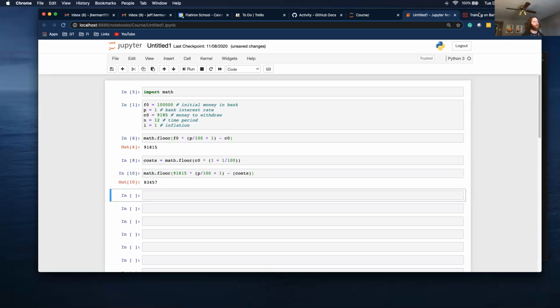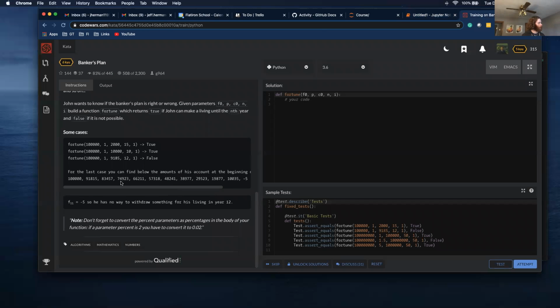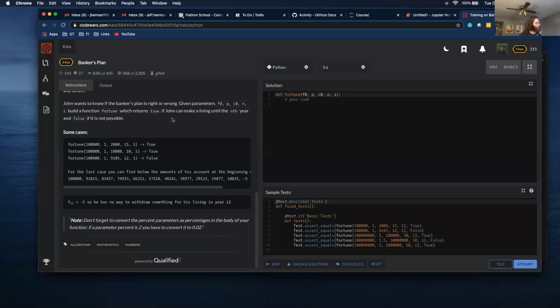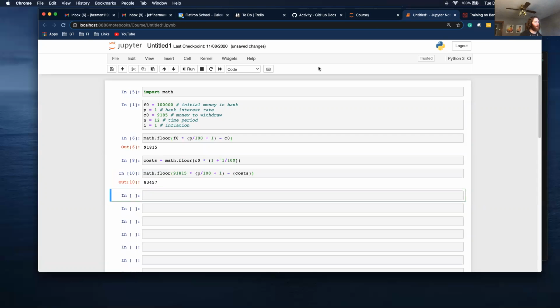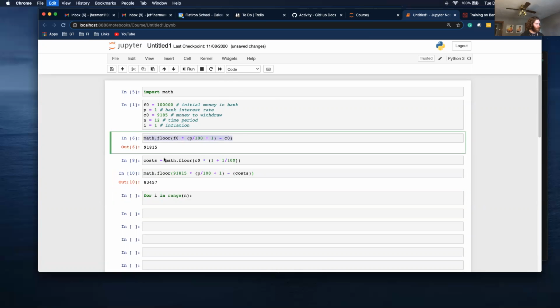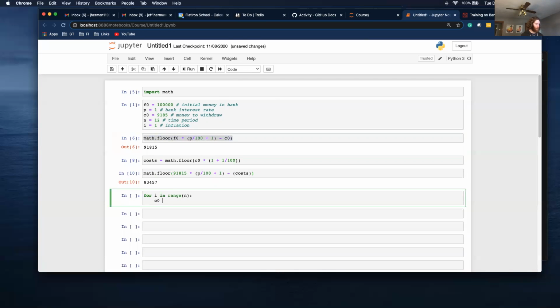So 8, 3, 4, 5, 7. These numbers are kind of strange, but I think I got the pattern. Now it's just a matter of looping through this, so for i in range of n. First I need to calculate my costs. I'm going to use the same variable, C0, or what the heck, F0.